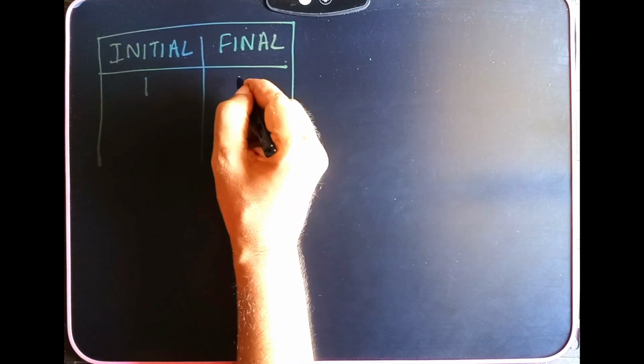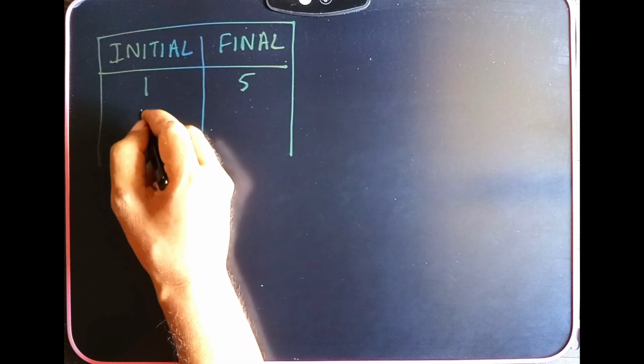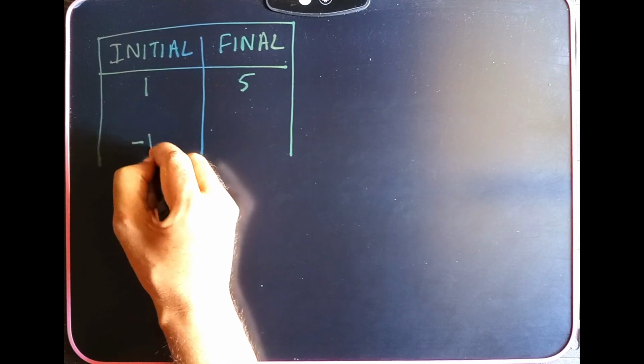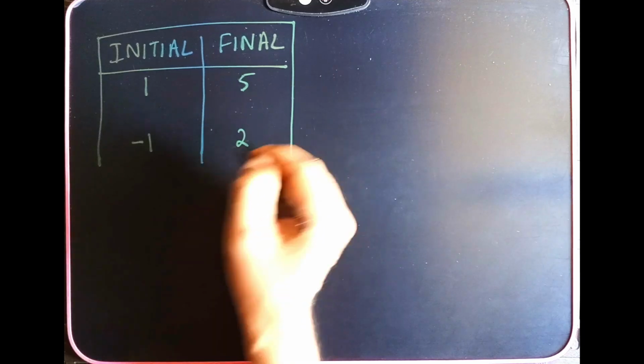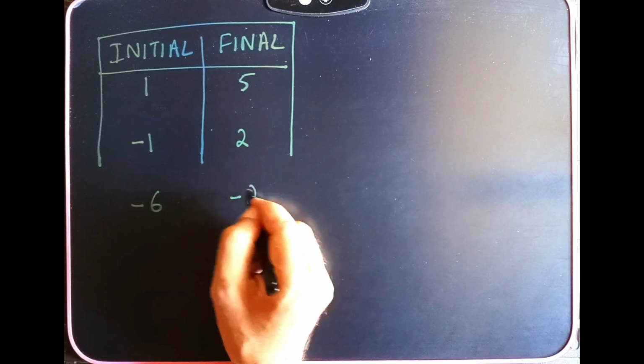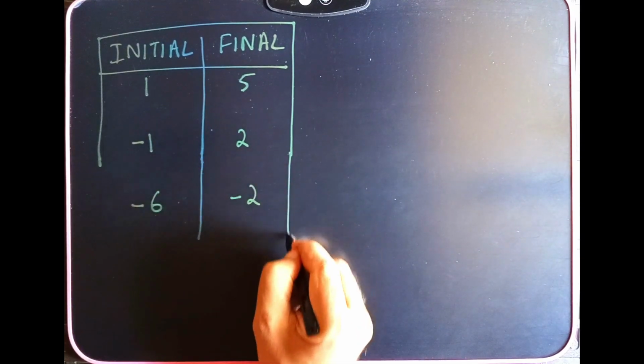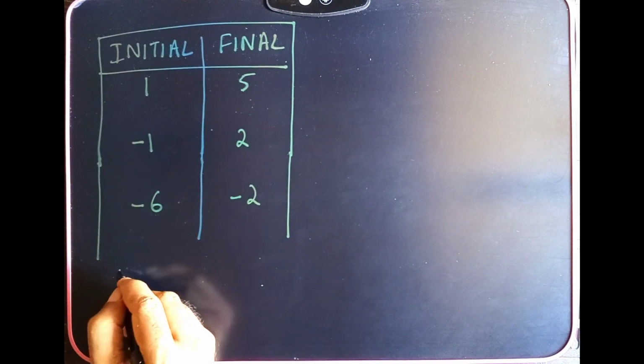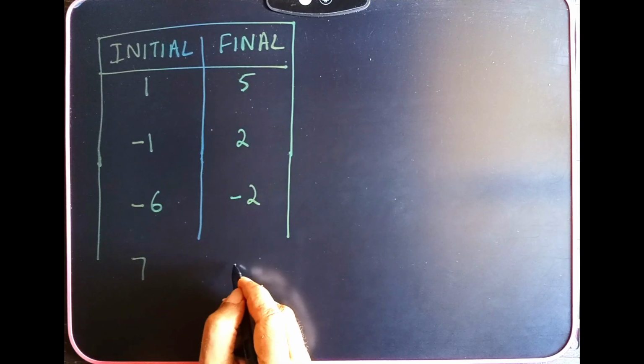You have 1, 5. Then you have minus 1, 2. Then you have minus 6, minus 2. Then you have 7 and 3.